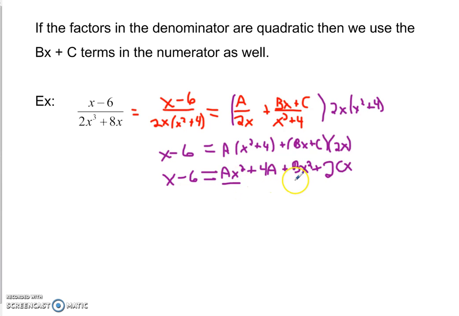So I see both of these are x squared terms. I'm going to write that as a plus b times x squared. And then here I've got, oops, the x term is right here, plus 2cx. So I've got that one covered. And finally I write plus 4a. And all of that equals x minus 6.